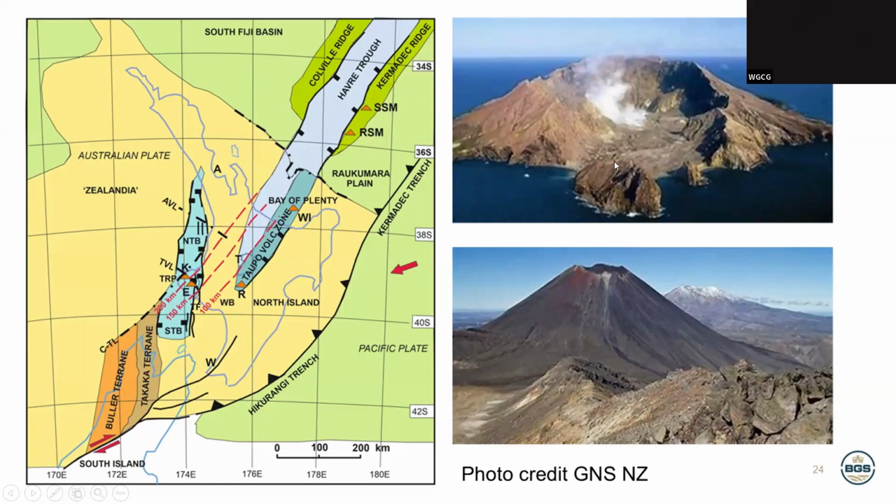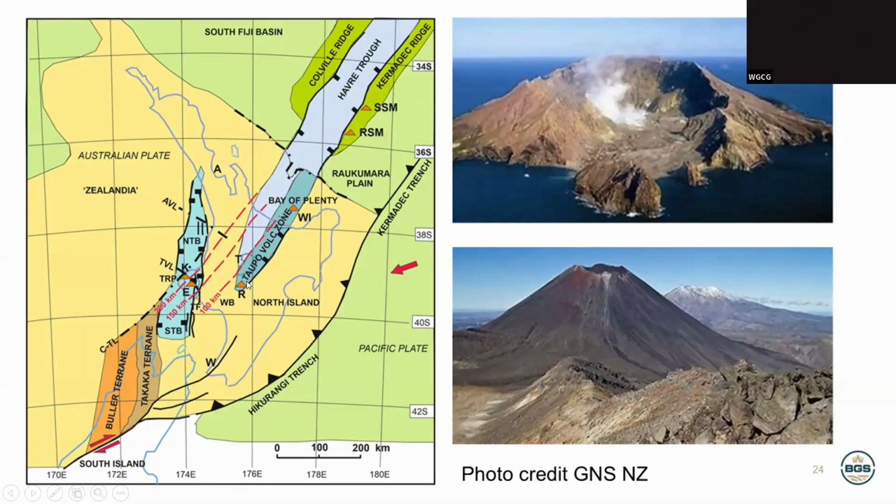This is White Island, which some of you may remember erupted, killing quite a few people in a tourist party in 2019. That's there, just off this blue wedge zone. And this is the beautiful, I can't remember if this is Tongariro or Ruapehu, but in the Taupo zone of volcanism that extends southwards through North Island, but eventually ends in a wedge.